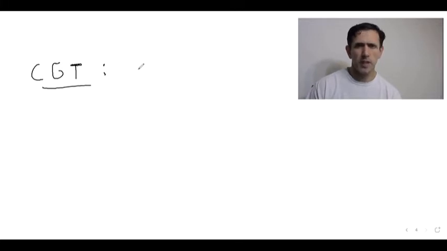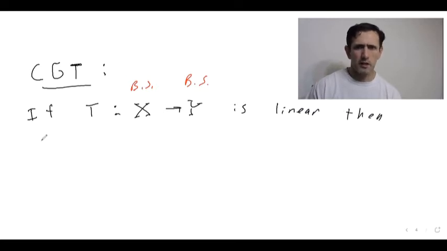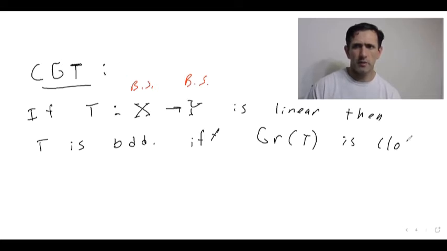The closed graph theorem, CGT, says: if we have a linear map T between two Banach spaces, then T is bounded if and only if the graph of T is closed.